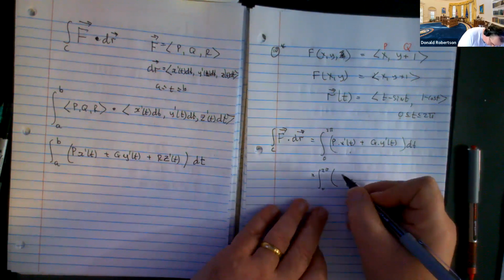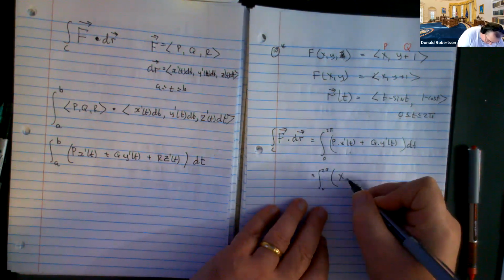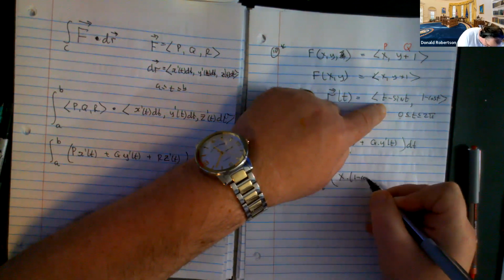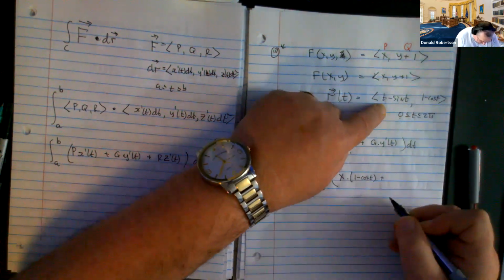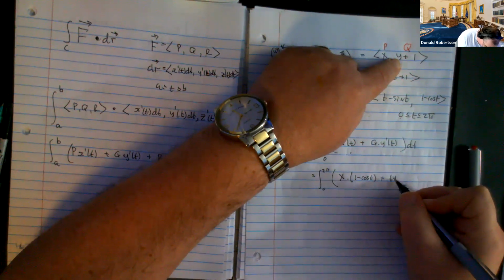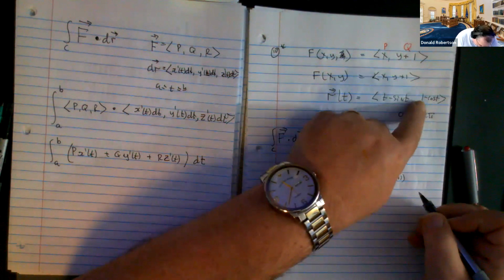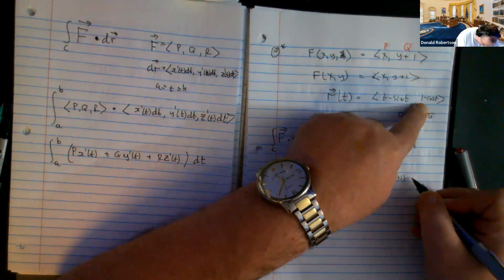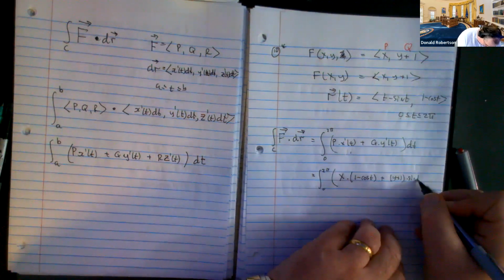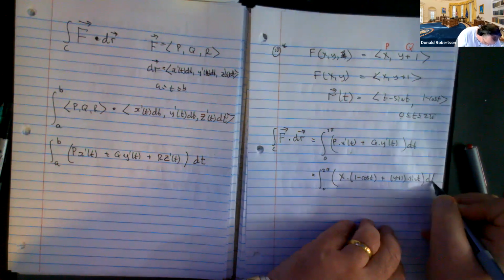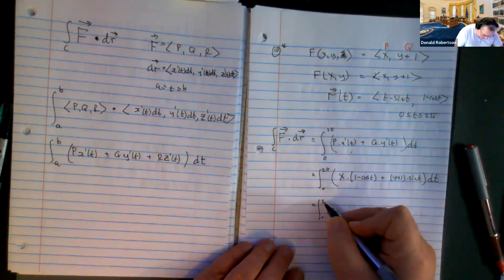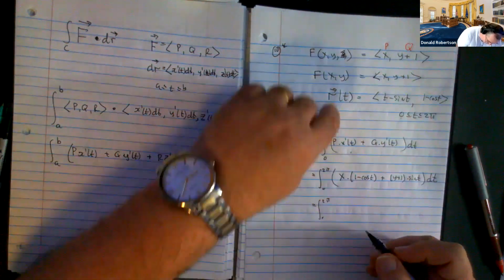You probably won't need anywhere near as many lines as I'm doing. If you differentiate this guy, you get 1 take away cosine t. And the other one is y plus 1. And if you differentiate this guy, you get positive sine t. And then x gets replaced by this.